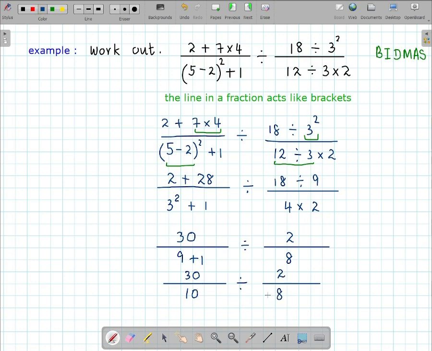Now these are fractions. We can check whether fractions can be simplified. Yes. 10 and 30, that is 10 times 1 and 10 times 3. Then this fraction, it is 2 times 1, 2 times 4.